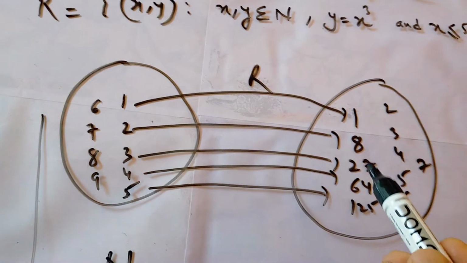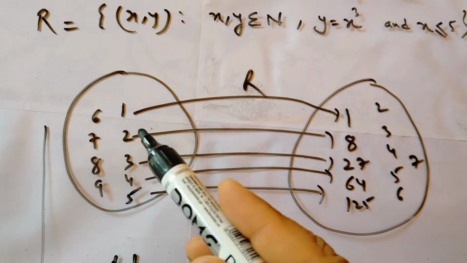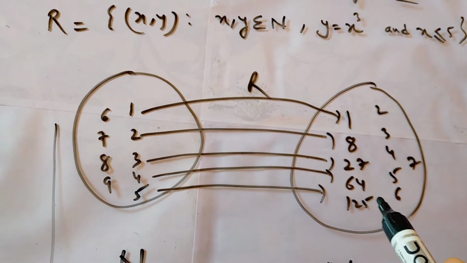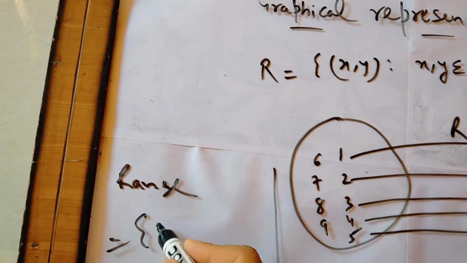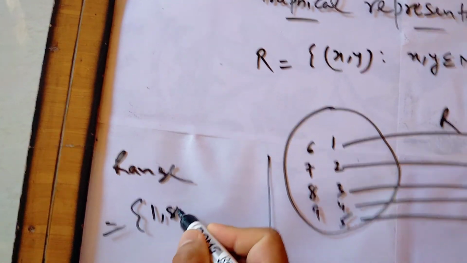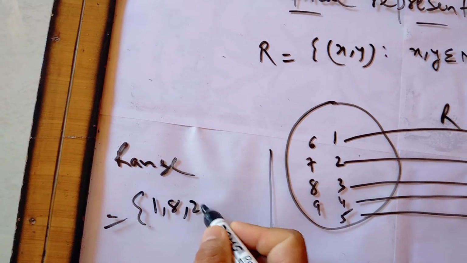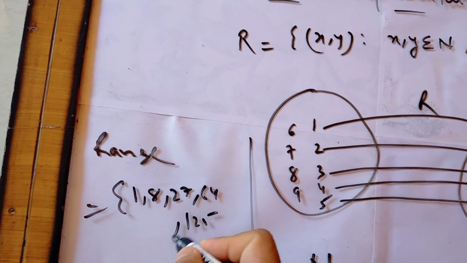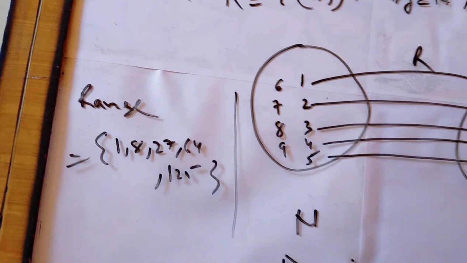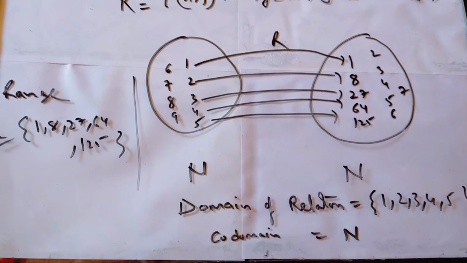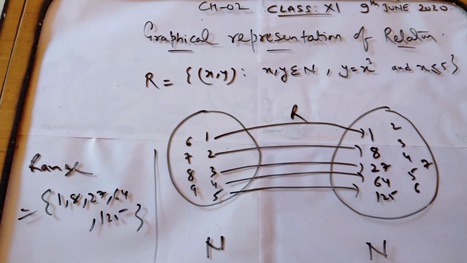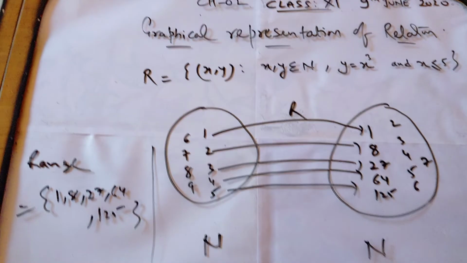Range means all the elements of set B which are the images of the elements of A. So 1, 8, 27, 64 and 125 are the elements. You should write 1, 8, 27, 64, 125. These are the elements of the range. So here we have learned the graphical representation and the domain, codomain and range of a relation.